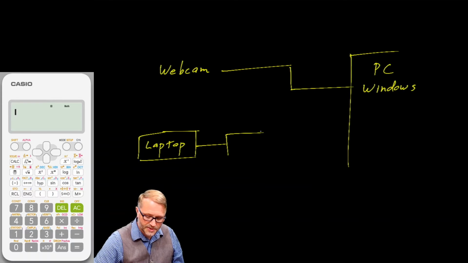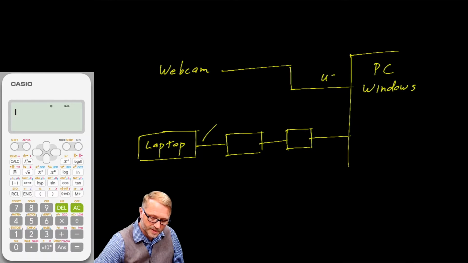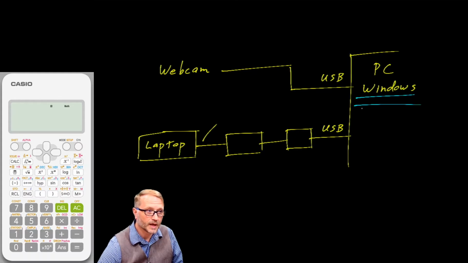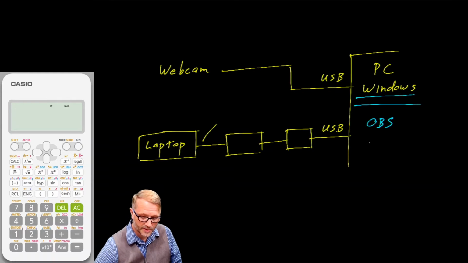So one is a VGA to HDMI. Then there's another converter here, which is going from HDMI to USB. So the webcam is USB, and the laptop appears as USB as well. As for this Windows PC, I mentioned it's running the OBS software, and it's also running the Casio emulator that you see.